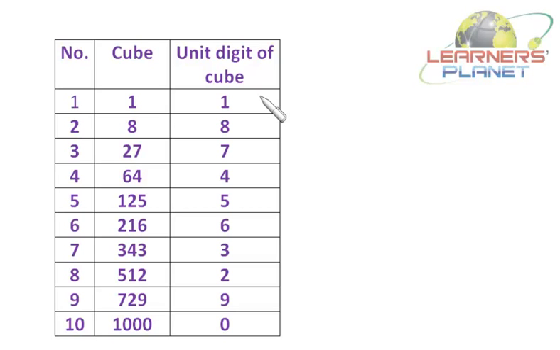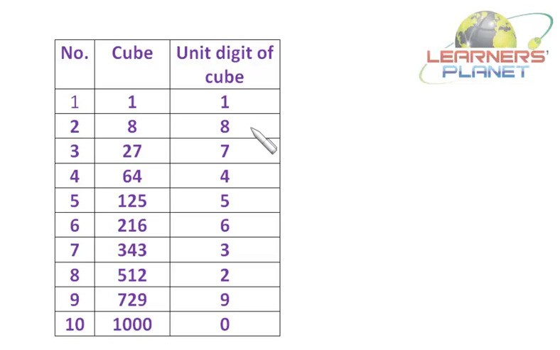Friends, you will observe that the unit digit of the cube is unique in all these cases. Like, if the number given to us has unit digit 1, then definitely its cube root will have unit digit 1.